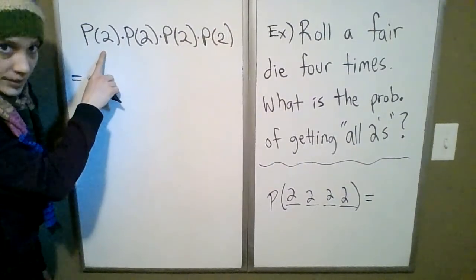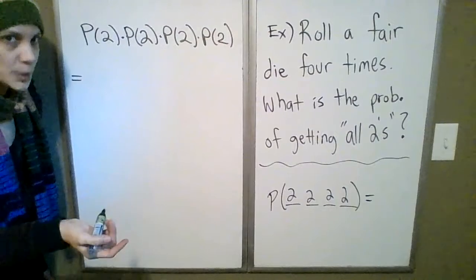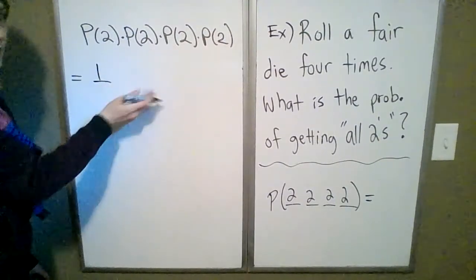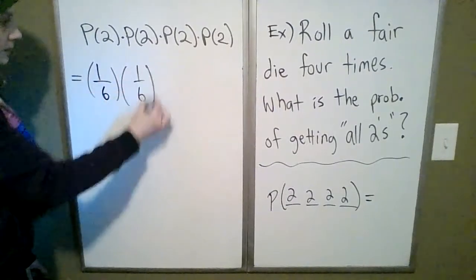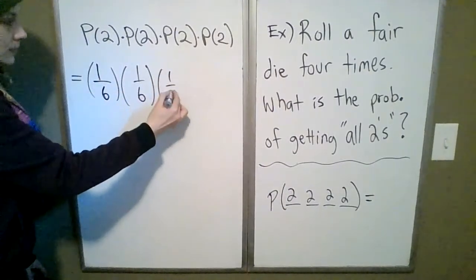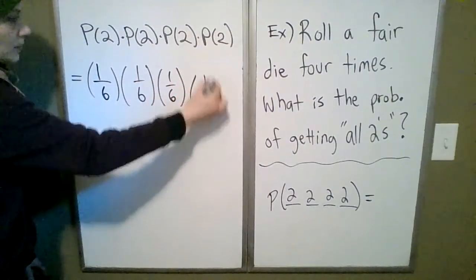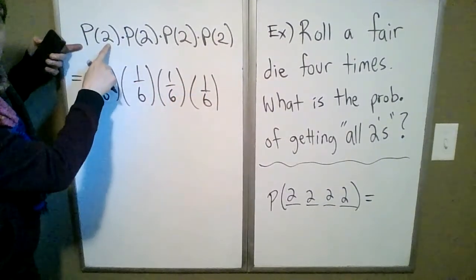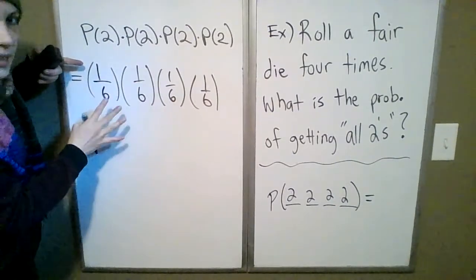So for one roll, 2 occurs once out of all 6 possibilities. So it's 1/6 for each of these. So all of those probabilities, it's that one outcome, the number 2, out of the 6 outcomes, 1 through 6.